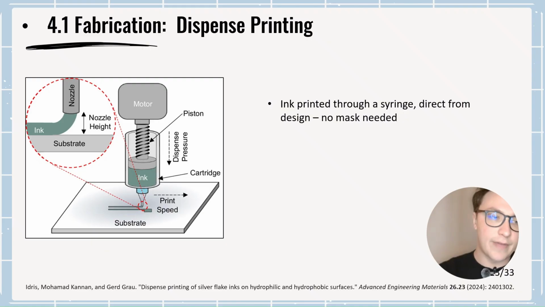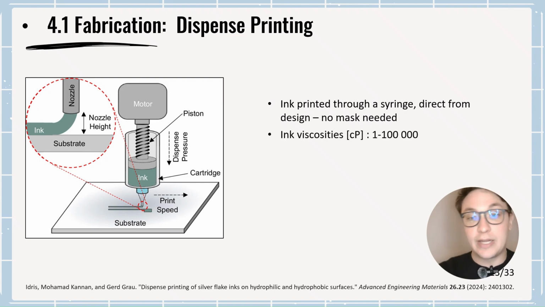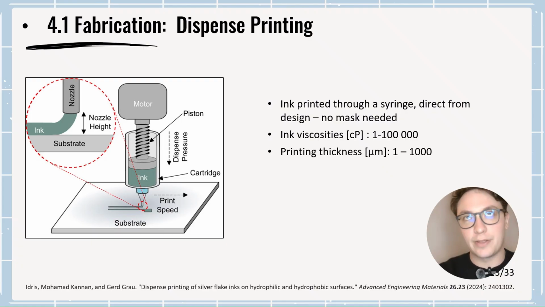The great advantage is that it's pretty much customizable, so no mask is needed in advance. The ink viscosity range is pretty broad, I would say. The thickness is very thick, I would say, in a word.